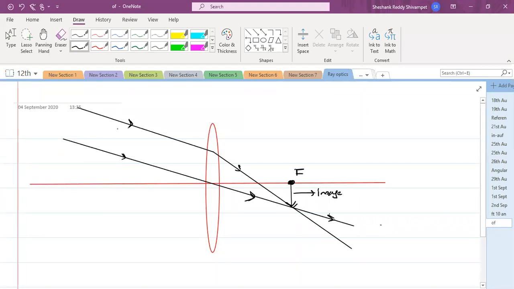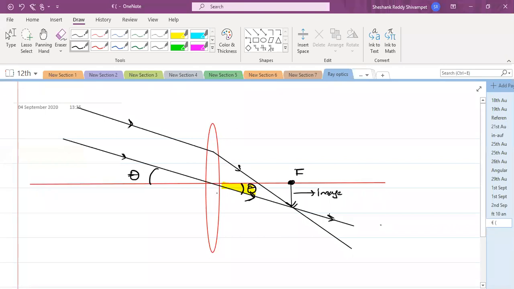Now look, how do you find out the size of the image then? Let's suppose this angle is theta here, then how much will this other angle be? Even this angle will be theta, right?